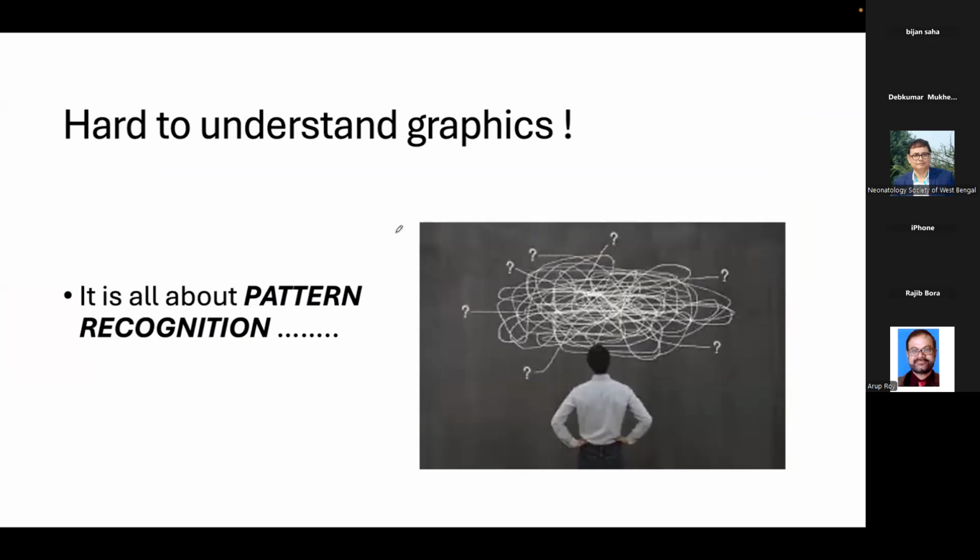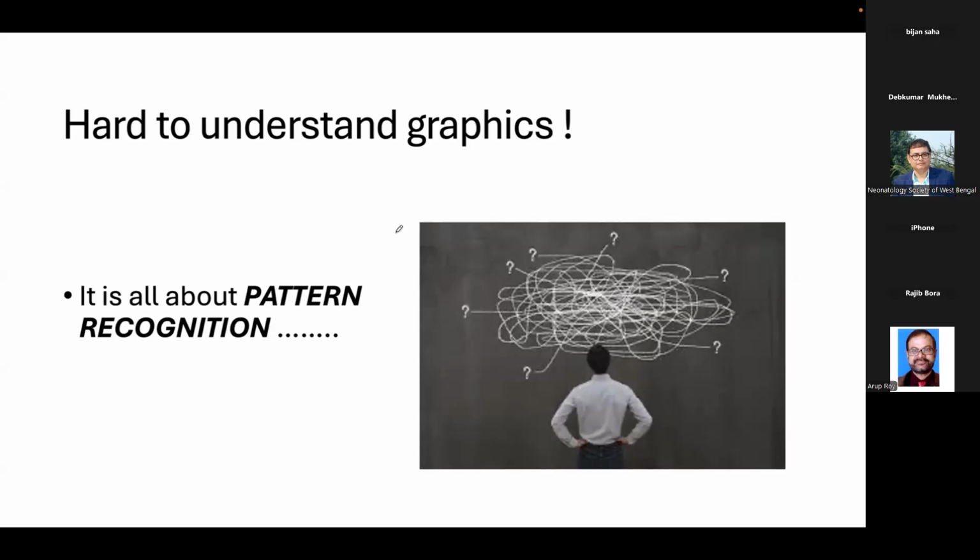But the basic idea of this talk is that we need not go into the details of how these curves were developed, or why these curves look like this and not like that. The basic thing is that it's all about pattern recognition. If we see normal loops and normal curves every day, then we'll understand that there is something abnormal with a pulmonary graphic. It is all about pattern recognition, just like amplitude integrated EEG.